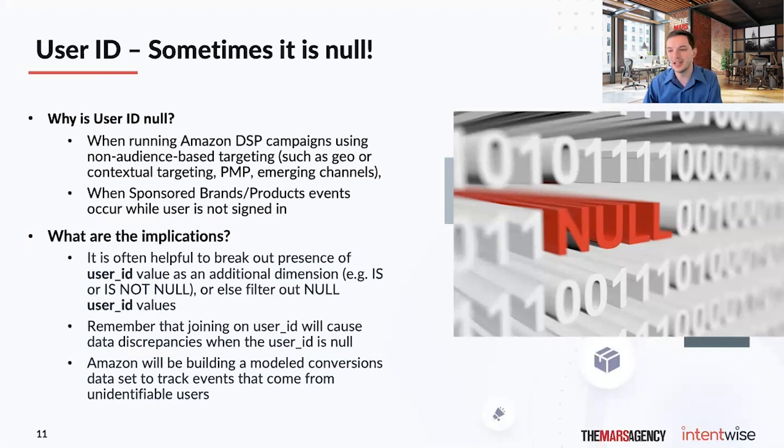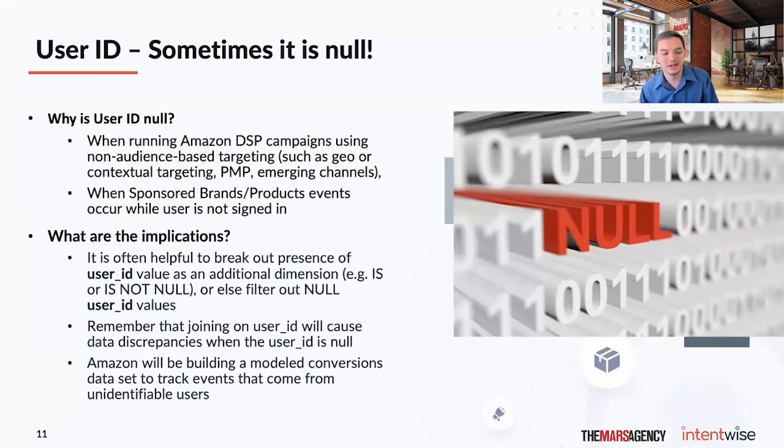When you join tables at the user ID level and don't account for this user ID being null, you'll get, for example, a large number of impressions that have no user ID, and therefore you'll get values like conversion rate or click-through rate that seem wrong because the number of unique users doesn't match the actual number of impressions. So you get some discrepancies in those values.